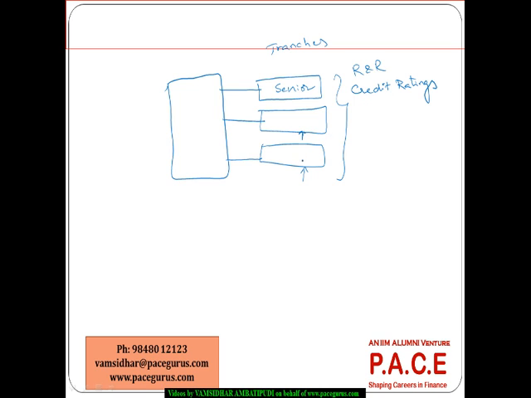So this could be a junior tranche, this could be a senior tranche, and a junior tranche could also be called an equity tranche, which generally doesn't even get rated, because it is treated more like a residual. Whatever is left, this tranche is going to receive. So it's a very risky kind of tranche, because it may not get anything in a couple of periods, and it may get more in a couple of periods, overall resulting in a heavy risk being taken by this particular tranche.